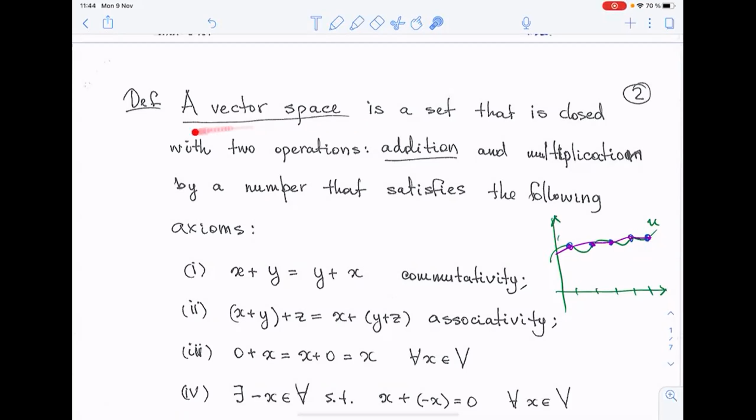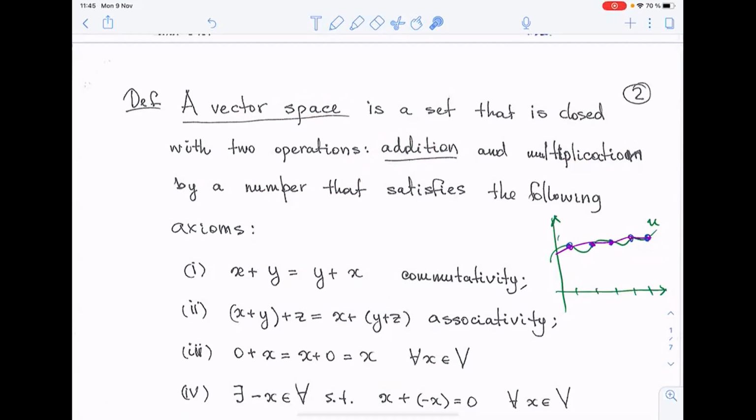So a vector space is a set that is closed under two operations, addition and multiplication by a number. Think about a box which has a lot of tools inside. And we call this box a vector space if two operations are defined.